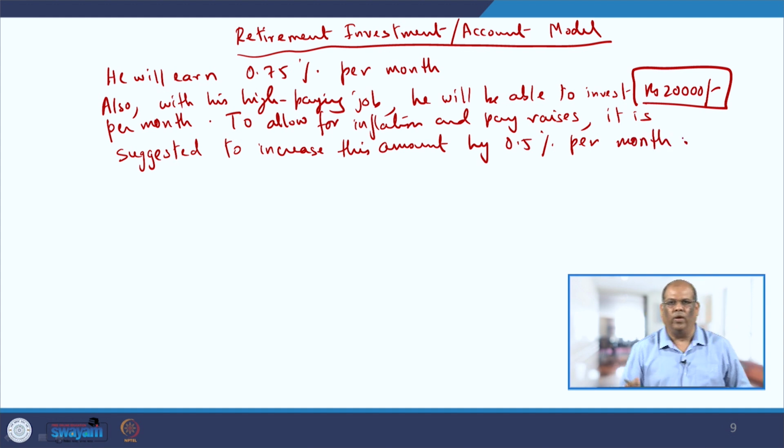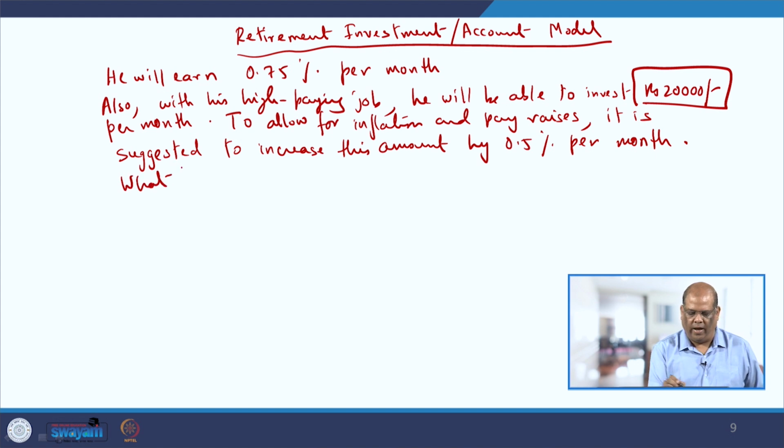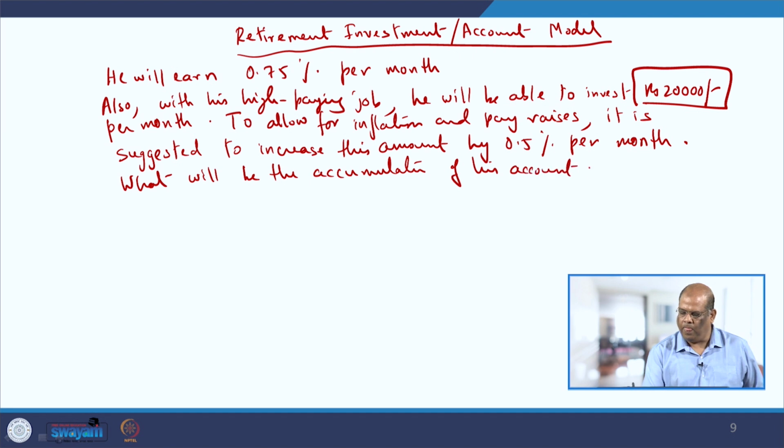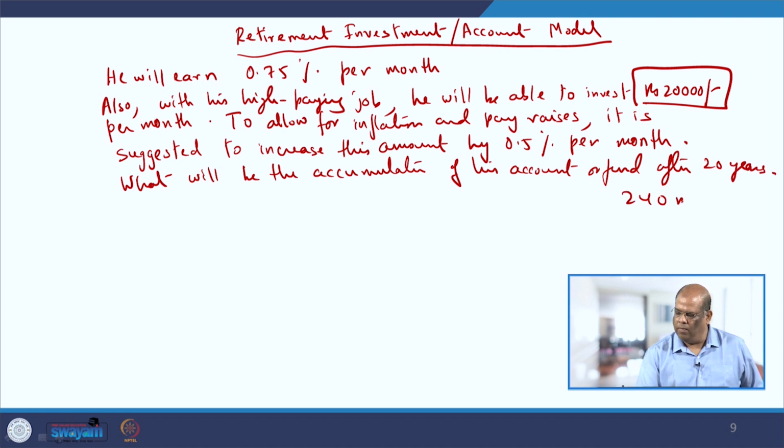Now, let us see what will be the accumulation of his account or fund after 20 years, which is 240 months.